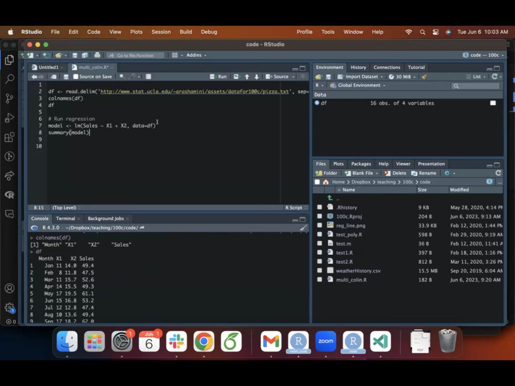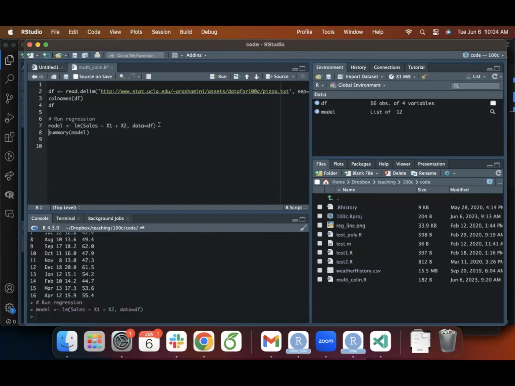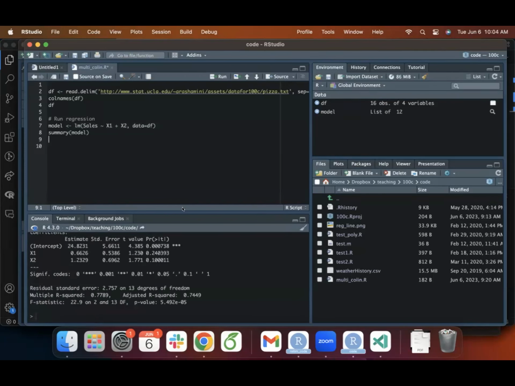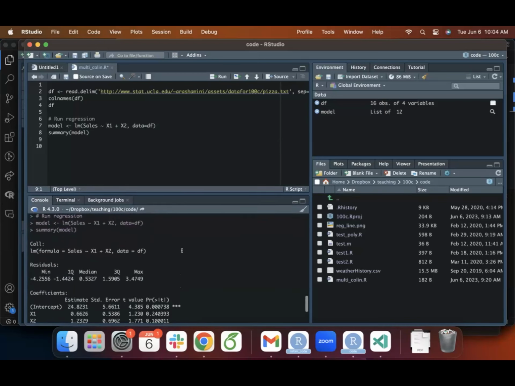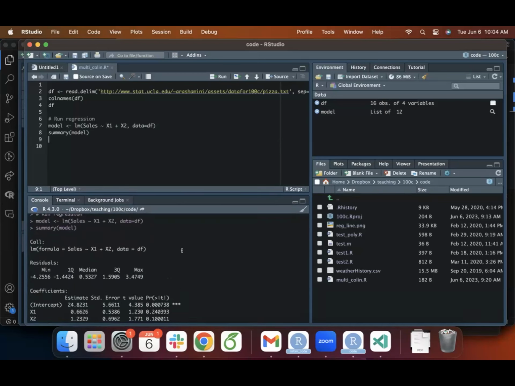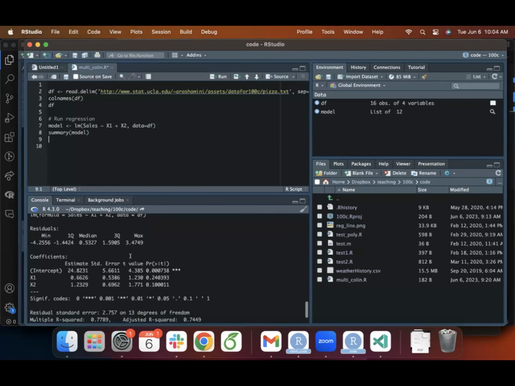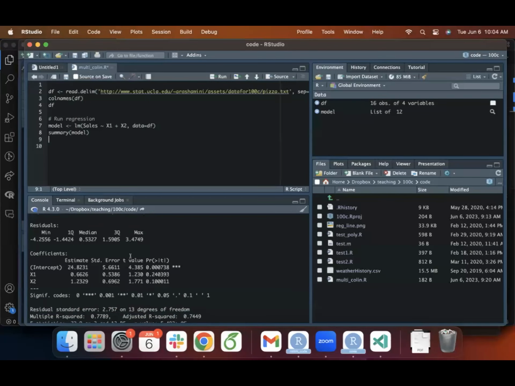So what I'm doing here is the regression, lm of sales on x1 plus x2, using the data, and then the summary. Okay, so when you do the summary, it tells you some information about the residuals and the coefficients. There's an intercept implicit.